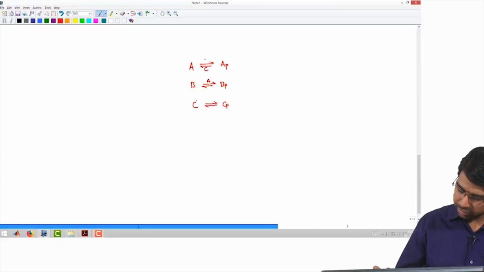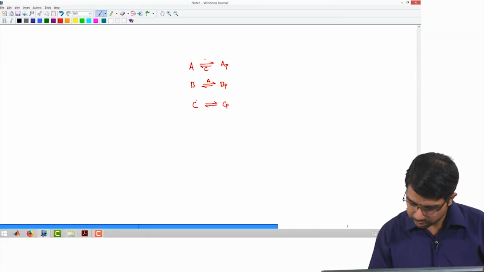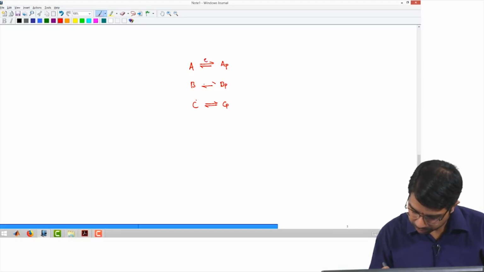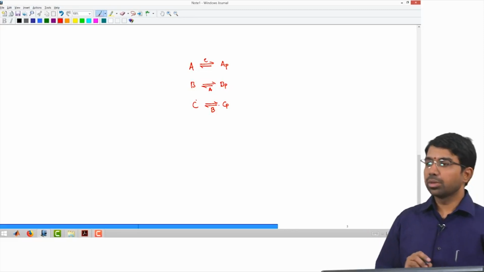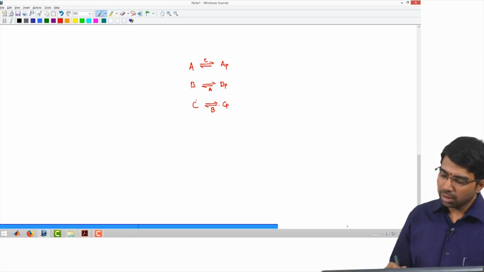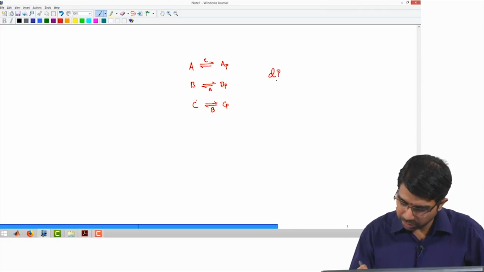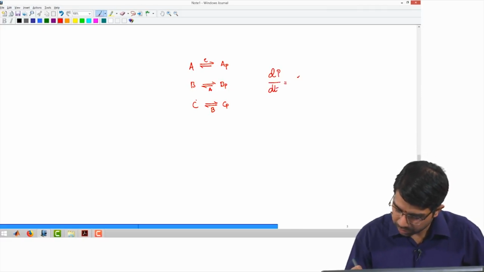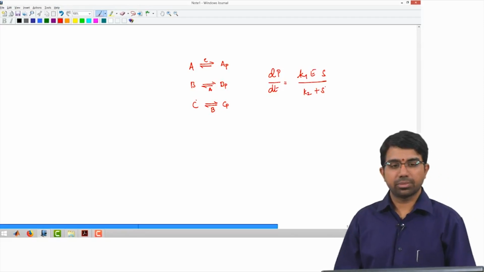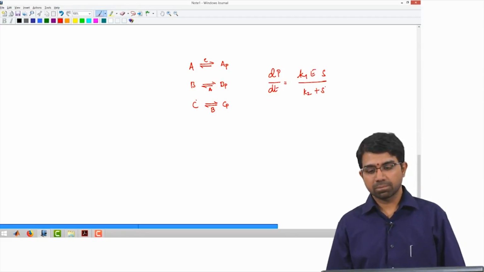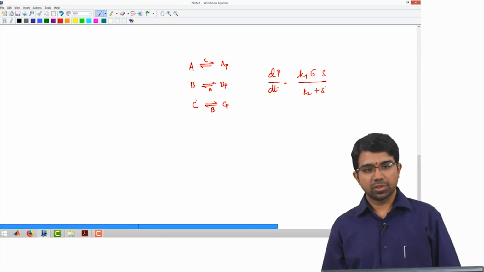A and B catalyze dephosphorylation reactions. How do you model this system? What do we know? We know that dP by dt is Kes roughly of this form, is that right? This is what we know.